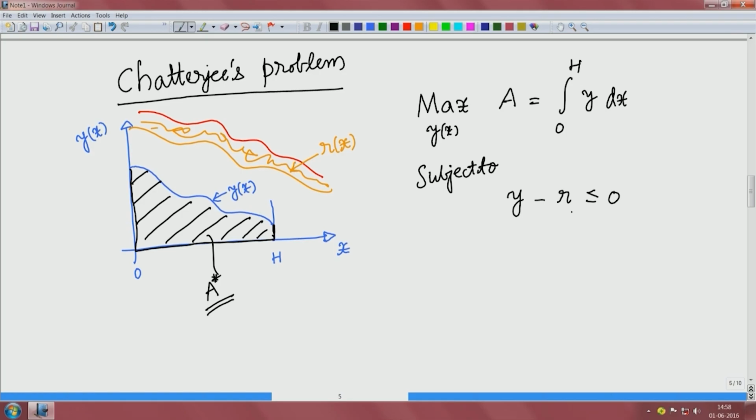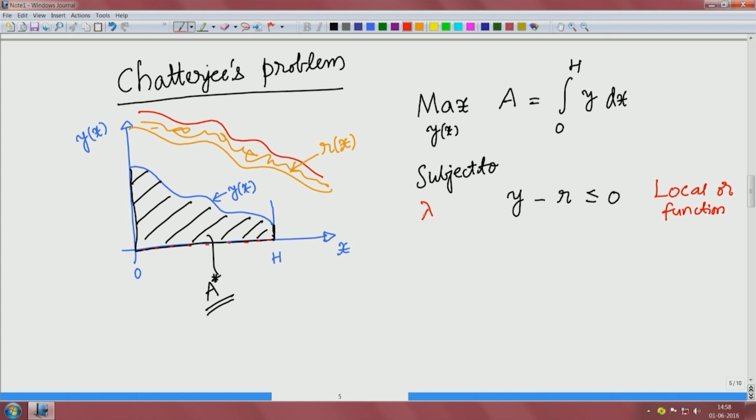We have this constraint, which is a local constraint, because this should be satisfied at all points in the domain. It is a local type constraint or a function type constraint. There is no differential equation, right. So, there is simply y of x minus r of x less than or equal to 0, right. That we discussed already how to deal with.